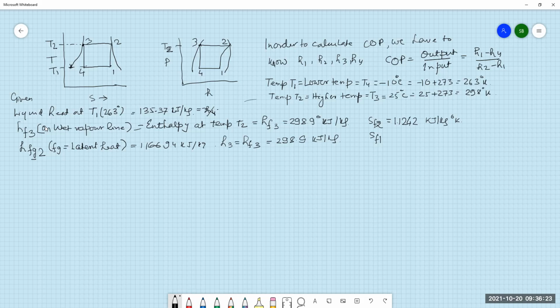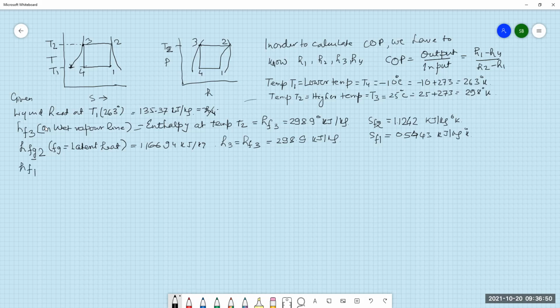The entropy given here is 0.55543 kilojoule per kg degree Kelvin. And another thing is given, HF1, which is the fluid.